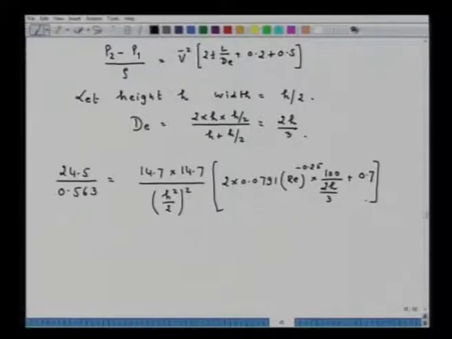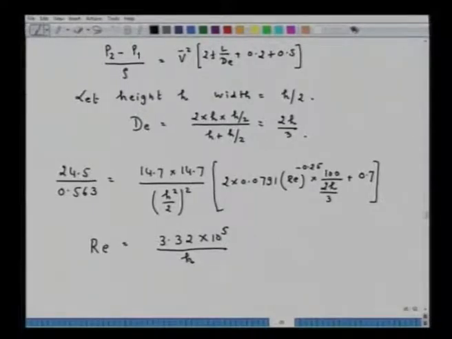So, this is my expression. Now, I can calculate Reynolds number also in terms of h. So Reynolds number, you can calculate yourself, will come out to be 3.32 into 10 to the power 5 upon h.